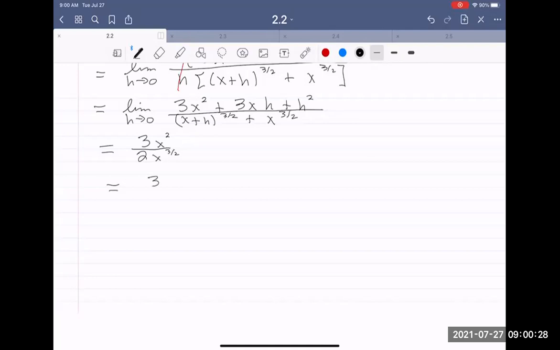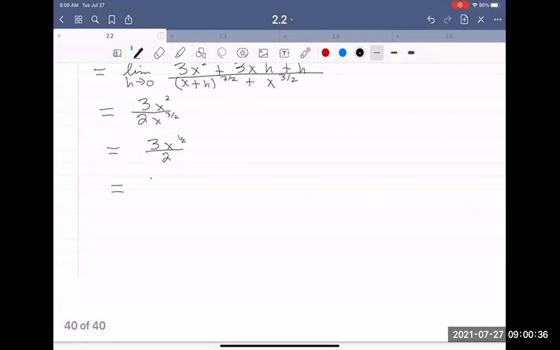So this is 3x to the 1/2 over 2. So this is equal to 3/2 radical x. And that's your answer. That's your derivative. Actually, maybe I should say that that's my derivative. So my derivative is 3/2 radical x.